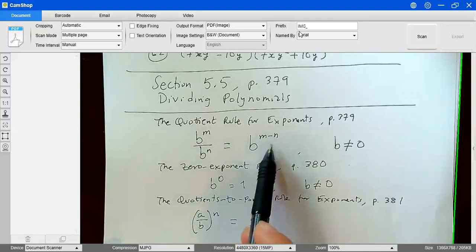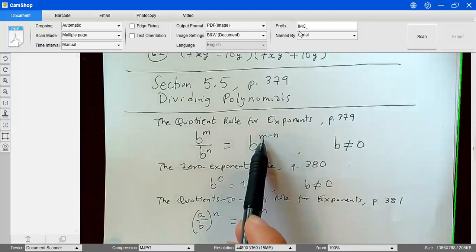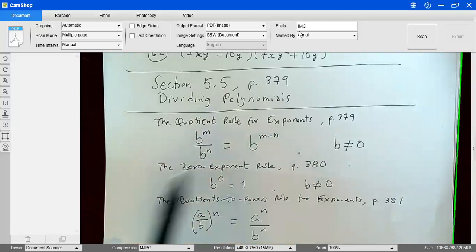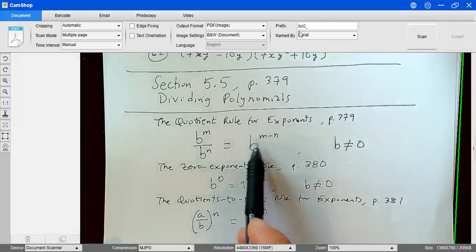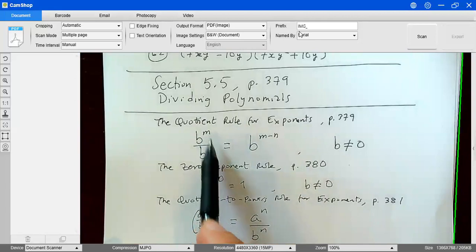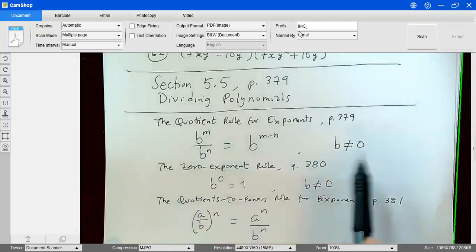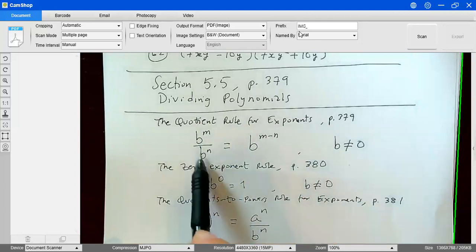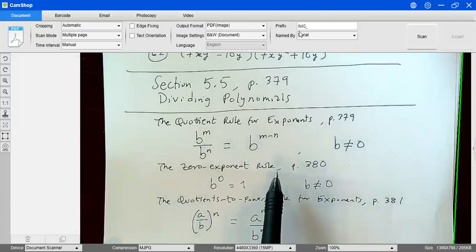You're gonna subtract the exponent from the denominator from the exponent that is coming from the numerator. So you're gonna have just b to the m minus n in this case, because m is in the numerator, n is in the denominator. And it's important that this base is different than 0.